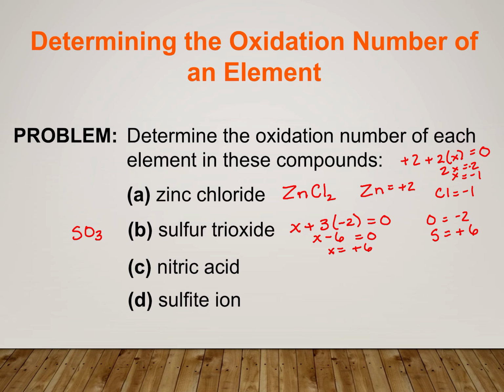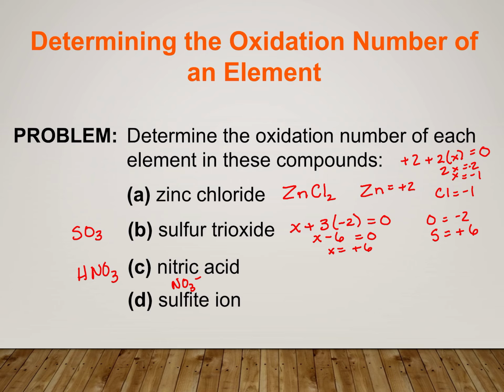Next one, nitric acid. That came from nitrate, which is NO3 minus, so nitric acid is HNO3. In this, we'll follow the rules. Hydrogen is always going to be a +1 unless it's bonded to a metal, and oxygen is always going to be a -2, and we'll use those hydrogen and oxygen to figure out what the nitrogen is.